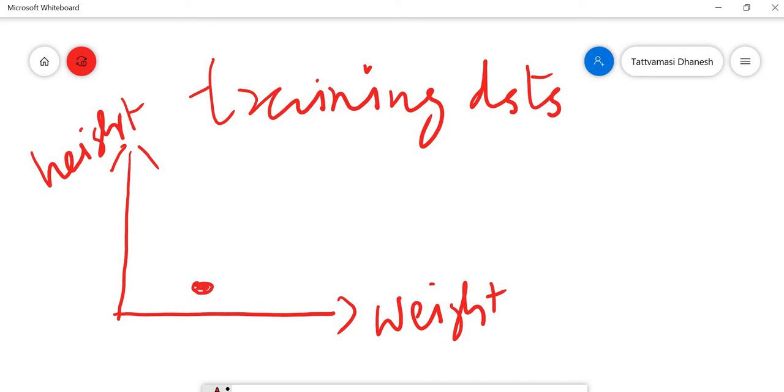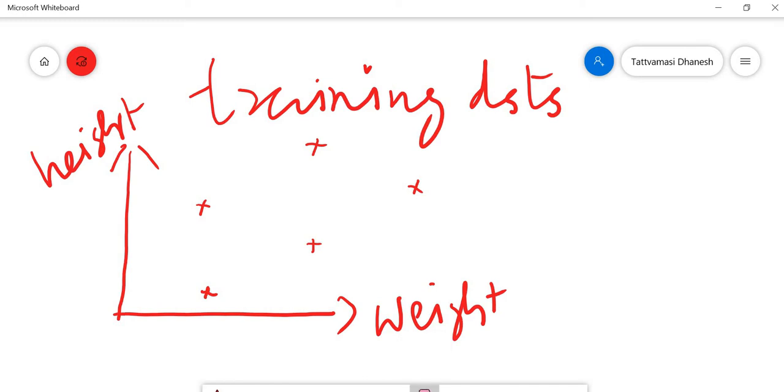This is our first point, for a particular value of height, this is the weight. All this red color denotes the training data. This is the second point, this is the third point, this is the fourth point, and this is the fifth point.